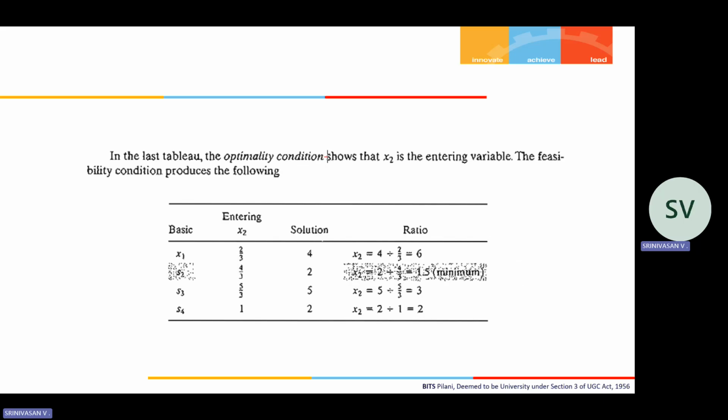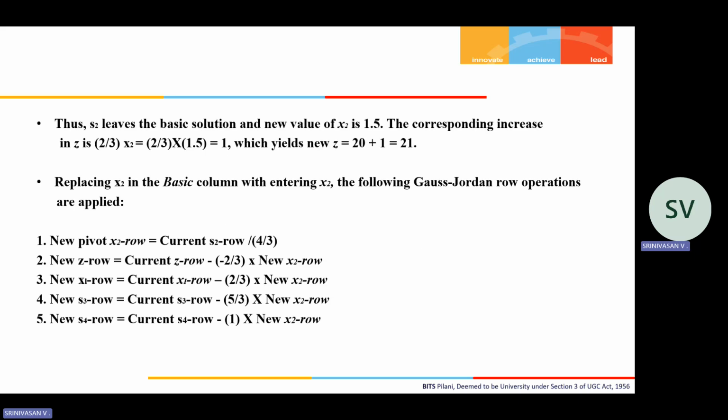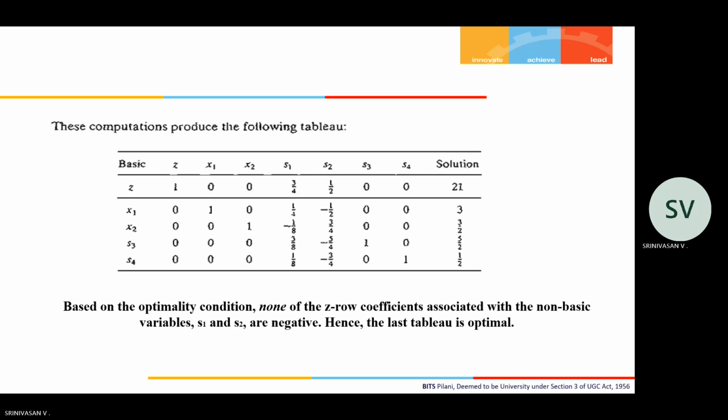So after the second iteration, you have the ratios 6, 1.5, 3, 2. 1.5 is the minimum, so x2 enters, the same thing. It is shown again how to get the new x2 row: the current s2 row, which is leaving, divided by its coefficient. Same thing.